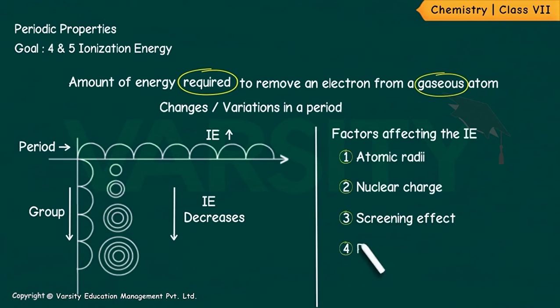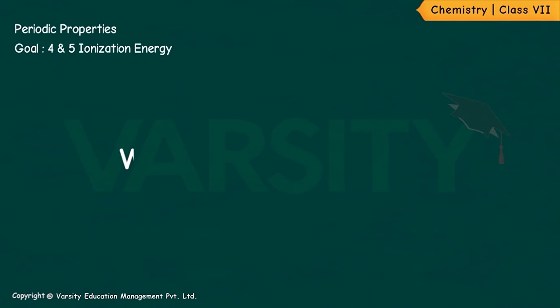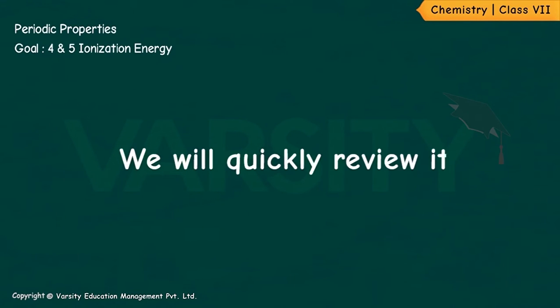Fourth, penetration power. Fifth, orbital, that is, from which orbital the electron is removed. And sixth, net charge on the atom. We will quickly review it.